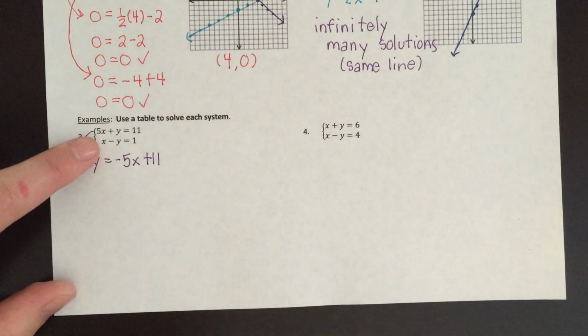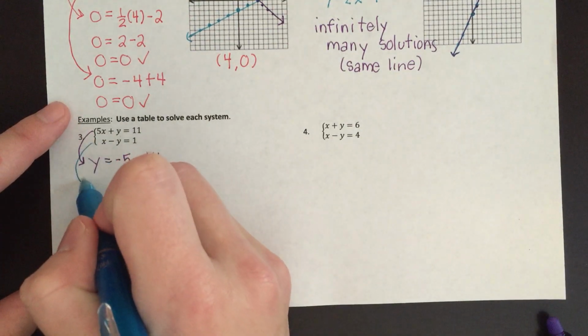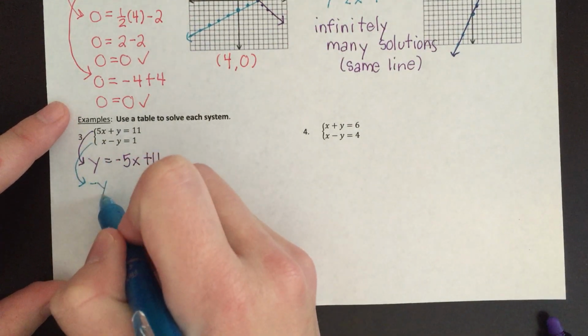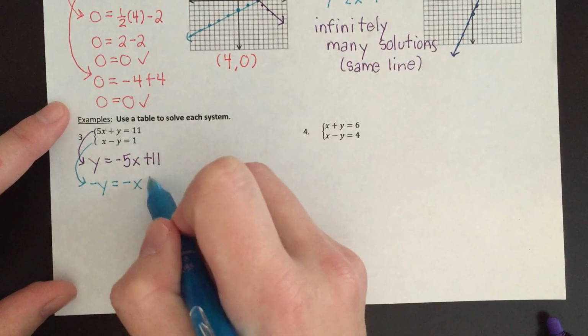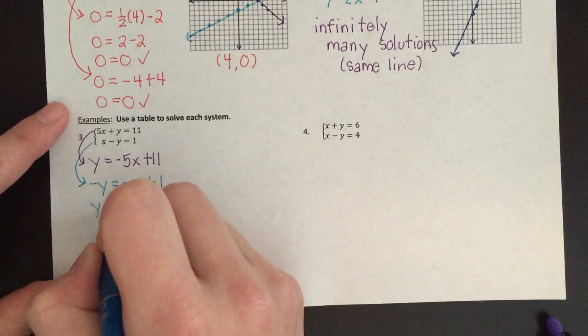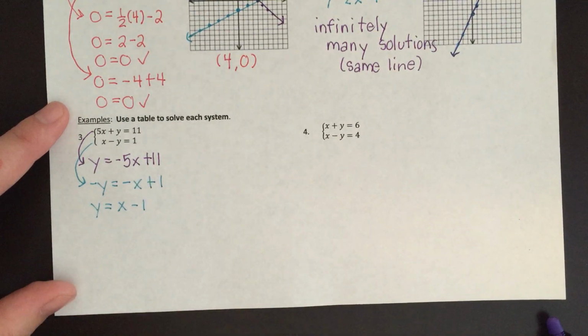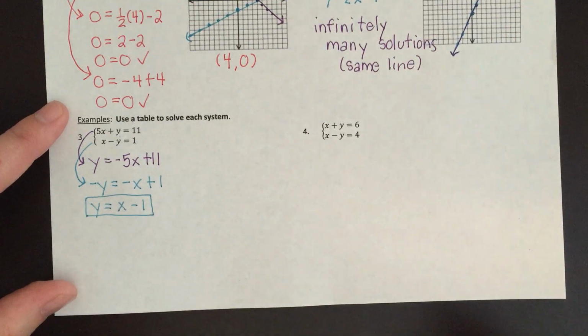My second equation is negative y equals negative x plus 1. I can't have that negative, so this becomes y equals x minus 1. Here are my two y equals equations.